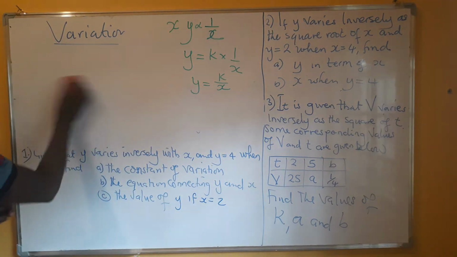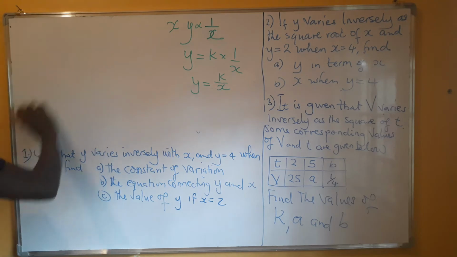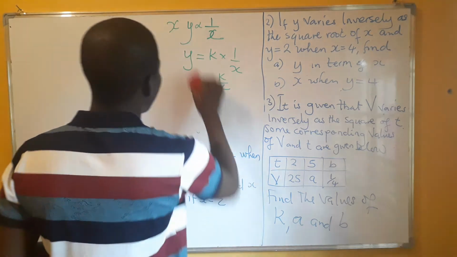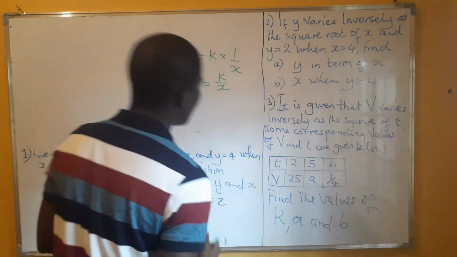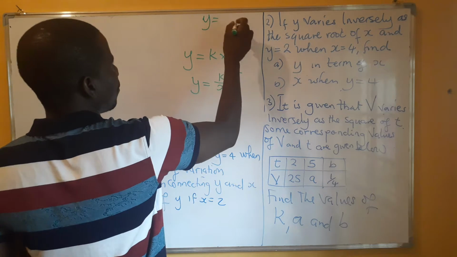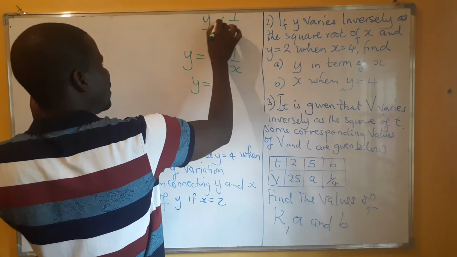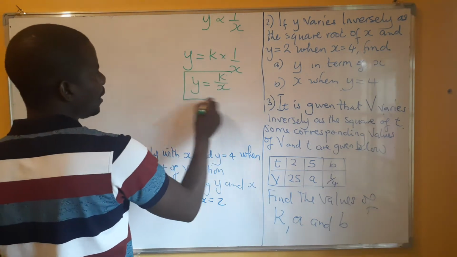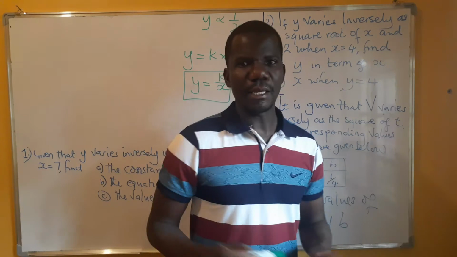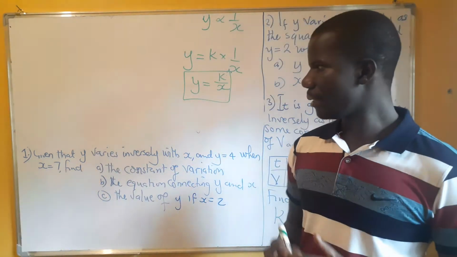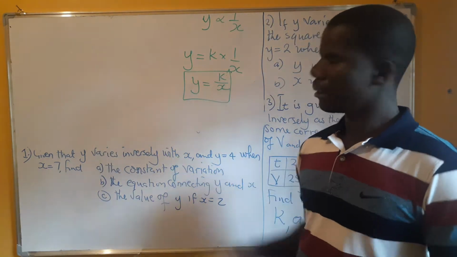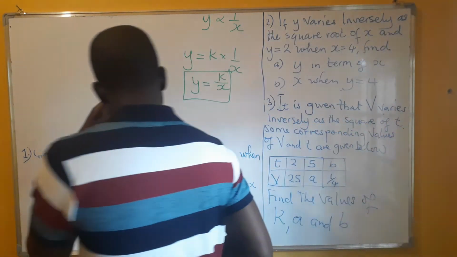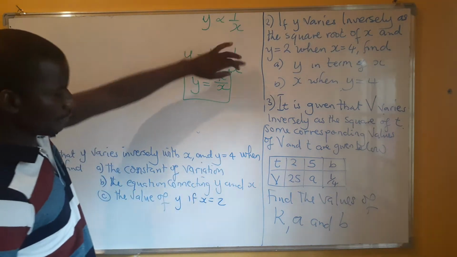This is the equation that we're going to be dealing with, as we are coming from the inverse, which is going to be 1 over x, then you multiply it by the constant. The equation of the inverse variation is going to be k over x. It's coming from the multiplication of that 1 over x.